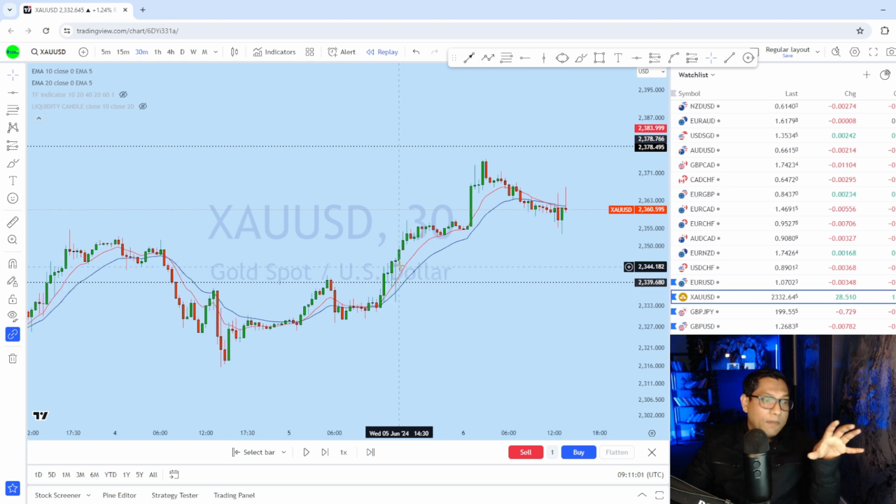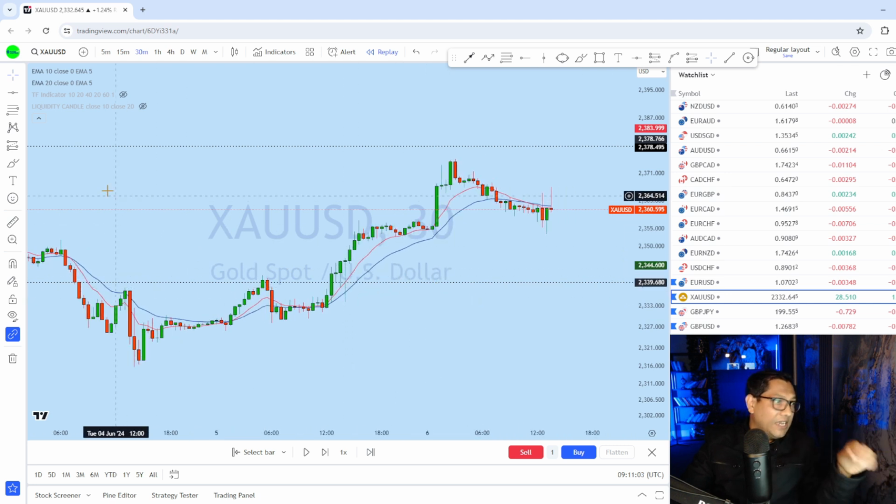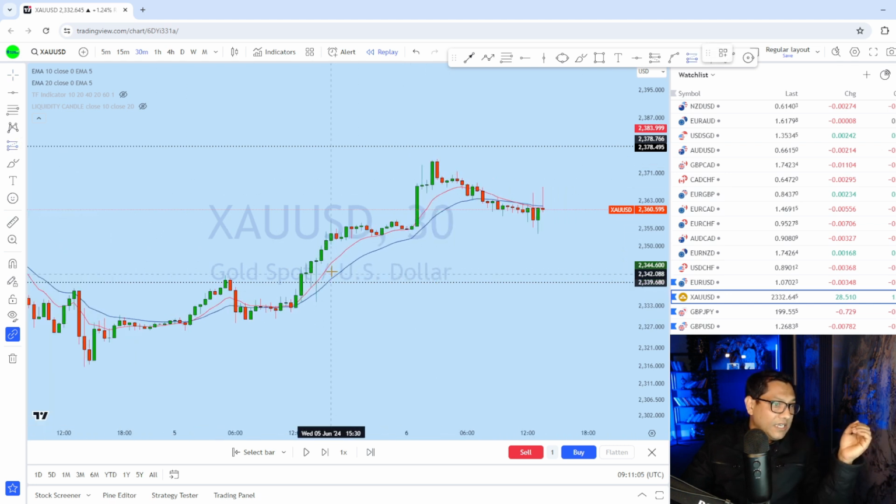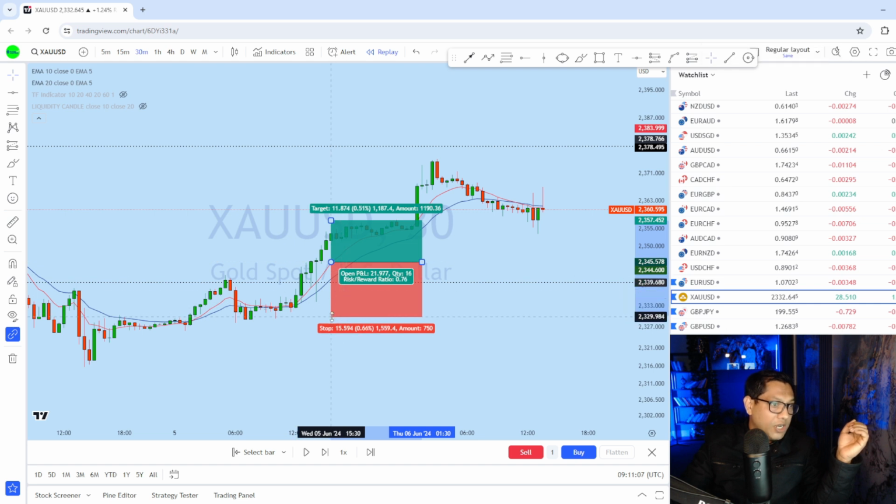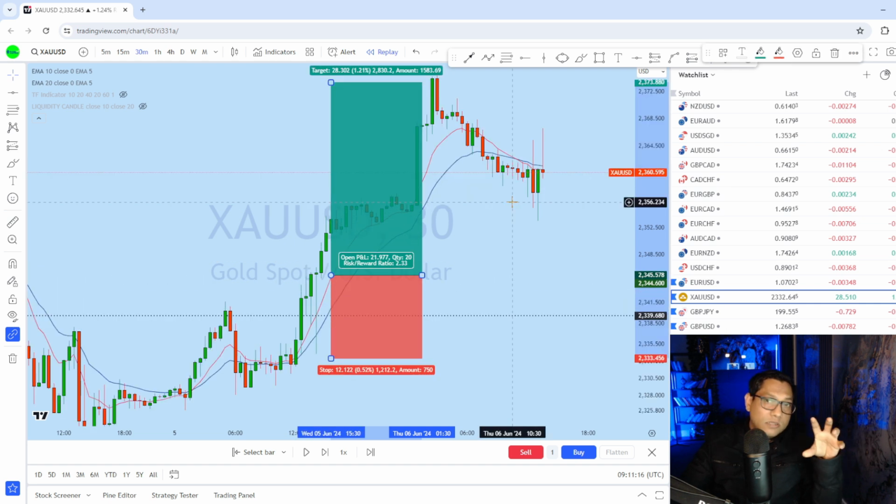You can see this is the power of understanding liquidity. When we see this kind of liquidity candle formation, the probability of winning is much higher than when the price doesn't grab the liquidity, because smart money trades based on liquidity.